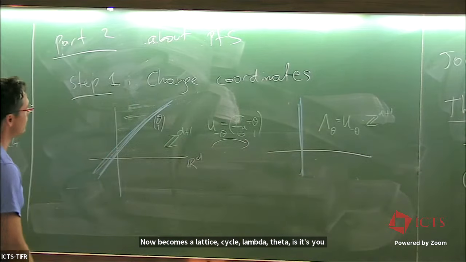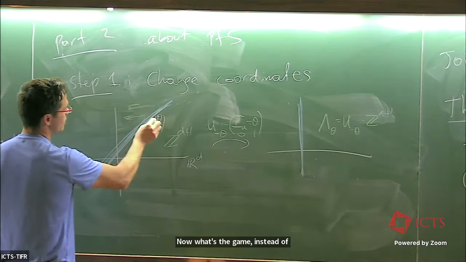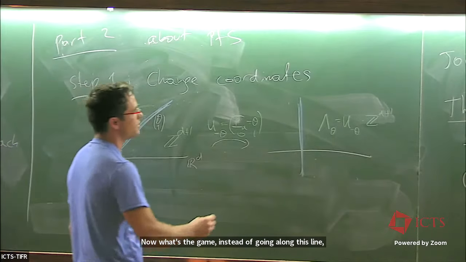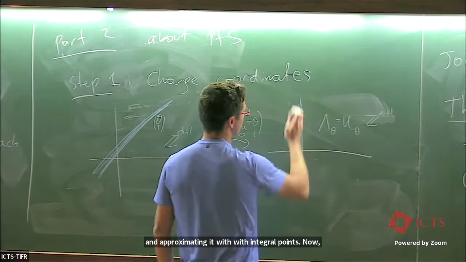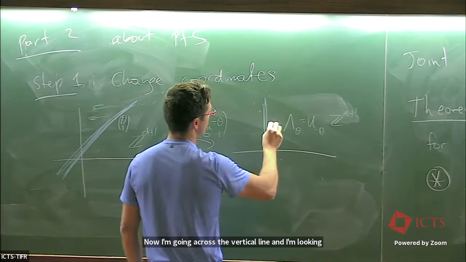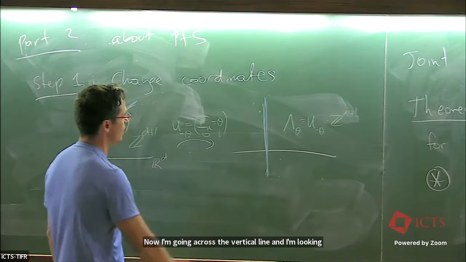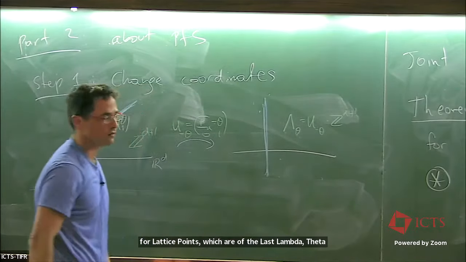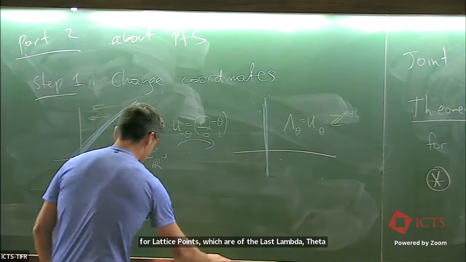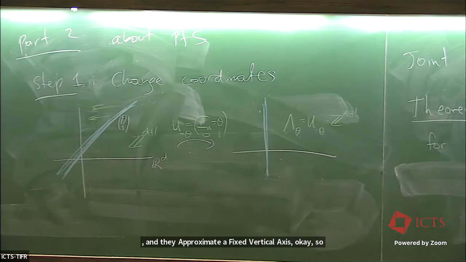Okay, and now what's the game? Instead of going along this line and approximating it with integral points, now I'm going across the vertical line, and I'm looking for lattice points of the lattice lambda theta, and they approximate a fixed vertical axis. This is just a change of viewpoint, but a conceptual one which helps me.